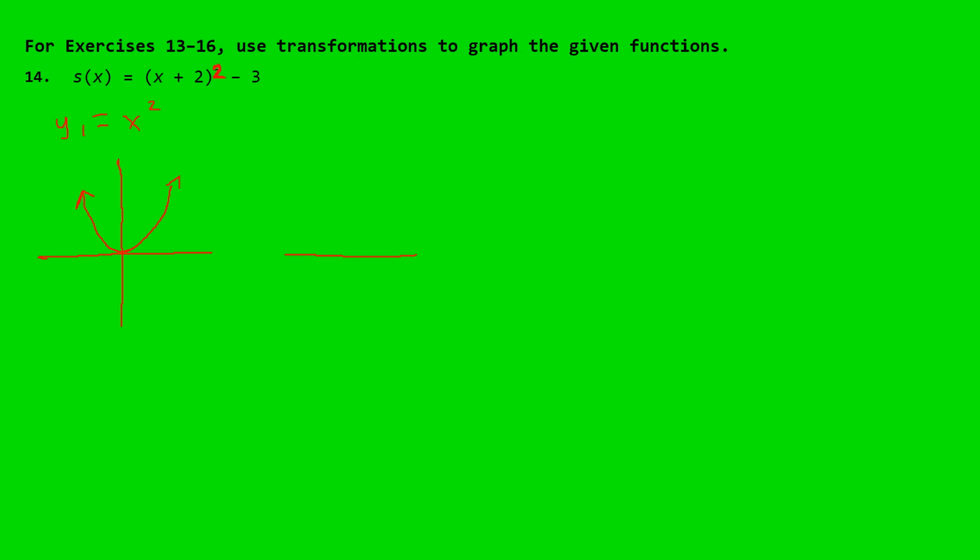And so stage 2, replacement of x with x plus 2 shifts the opposite way that you might think. This is going to be to the left. So 1, 2 to the left. Then we got the minus 3. Is that up or down?